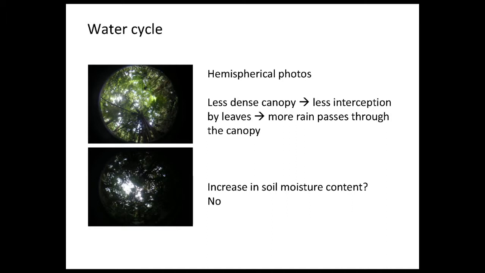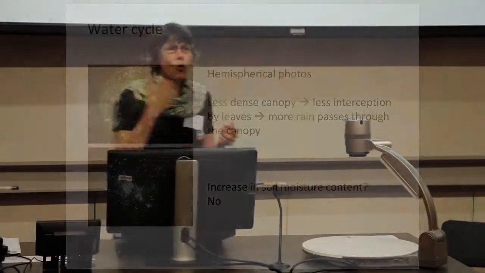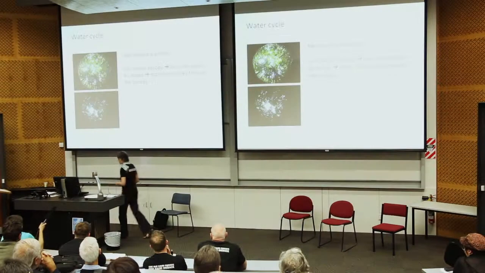I was expecting that this also has an impact on the soil moisture content. I haven't seen that. Again, it may be just because of super high variability, but also the water coming down may already have been taken up by the understory vegetation.